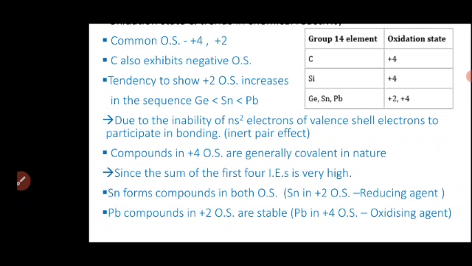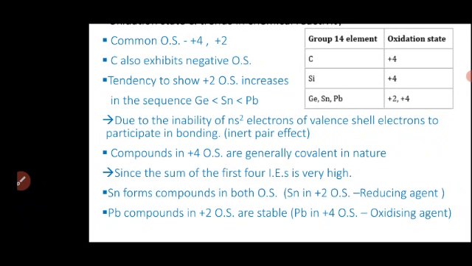Next one is, tin forms compounds in both oxidation states, that is +2 and +4, like SnCl2 or SnCl4. In +2 oxidation state it acts as a reducing agent. This property is for lead also. Lead also exists in +2 and +4 oxidation states.